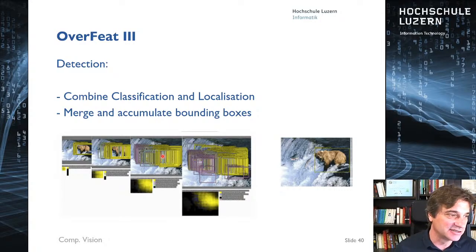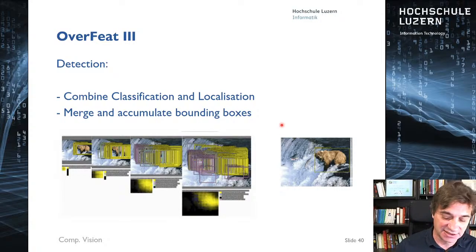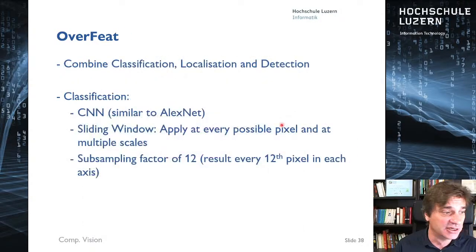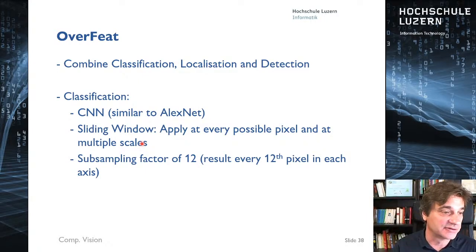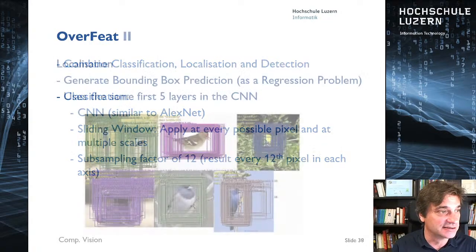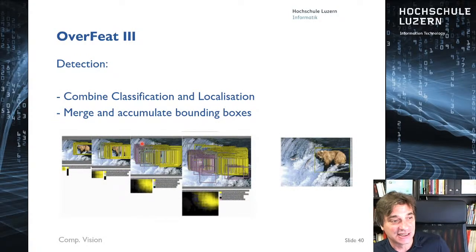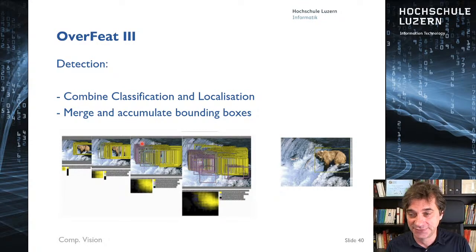So at the end of that process, they end up with one bounding box for an object and the classification result for that object. So this is the first approach that uses a convolutional neural network, as I said, still with the sliding window, first to try to classify every possible sub-window with a convolutional neural network. But this OverFeat paper then won the localization challenge of ImageNet in 2014 as the best method to identify and localize objects.